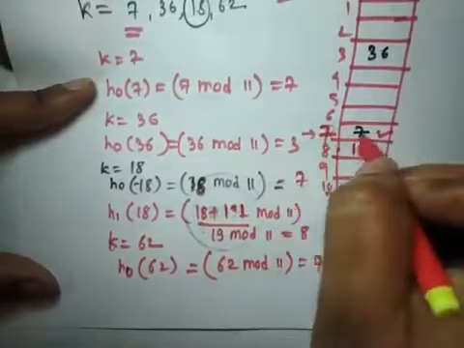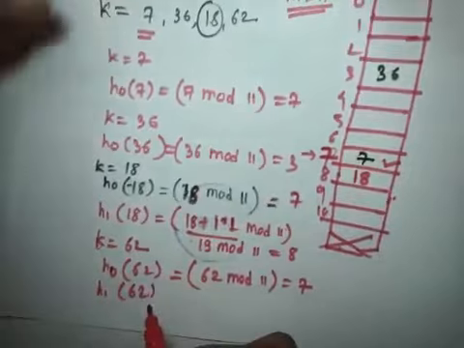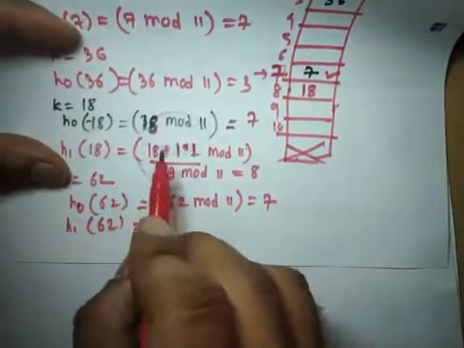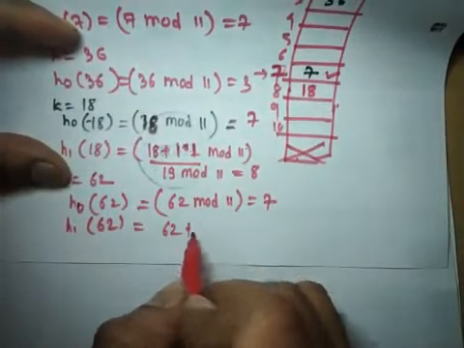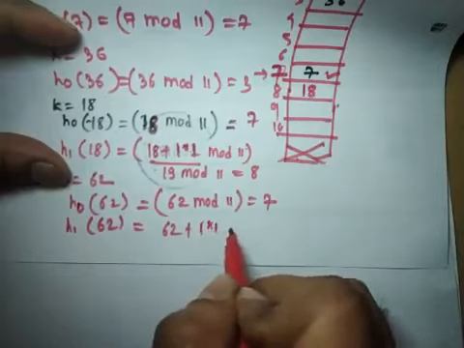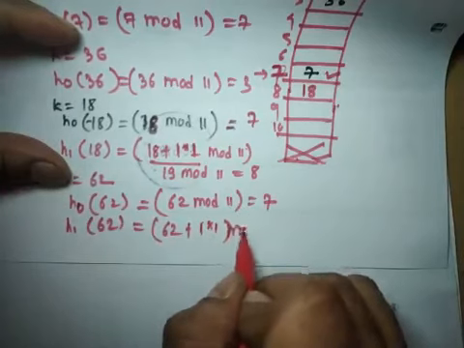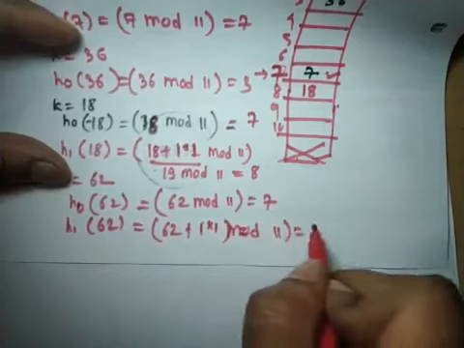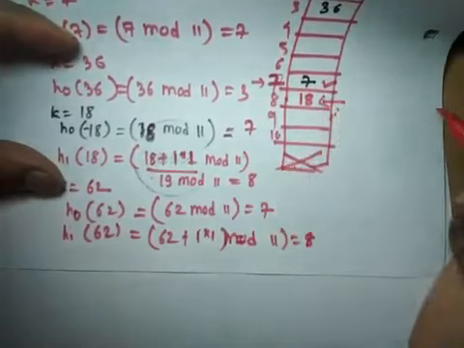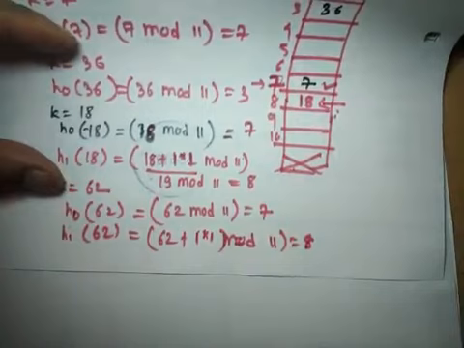Now for h1 of 62, write it like this: 62 plus 1 raised to 2, that is 1 into 1, mod 11, that is equal to 8, but 8 is again filled with the element 18. So let's go for the next level.